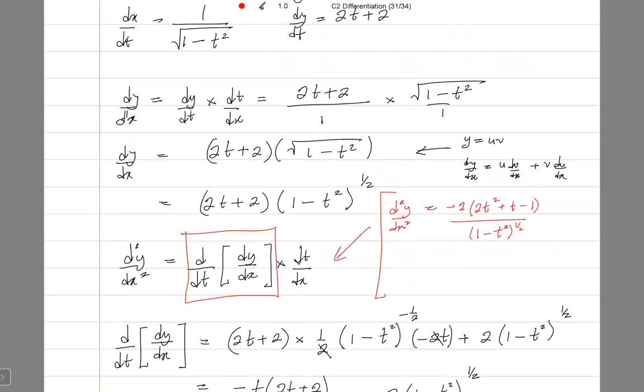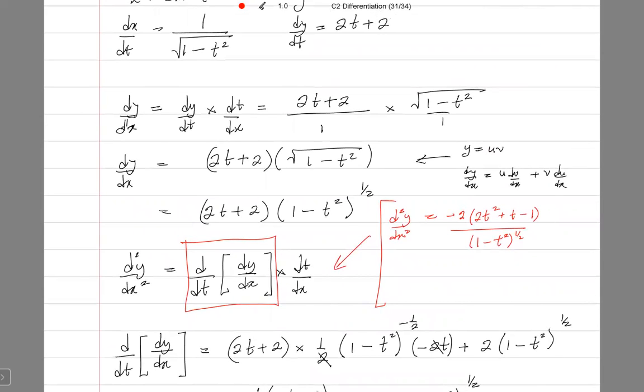Dx by dt is this, so the reciprocal would be the square root of 1 minus t squared. The numerator here and the denominator here are the same, so they cancel out each other. So our final answer is minus 2 into 2t squared plus t minus 1.